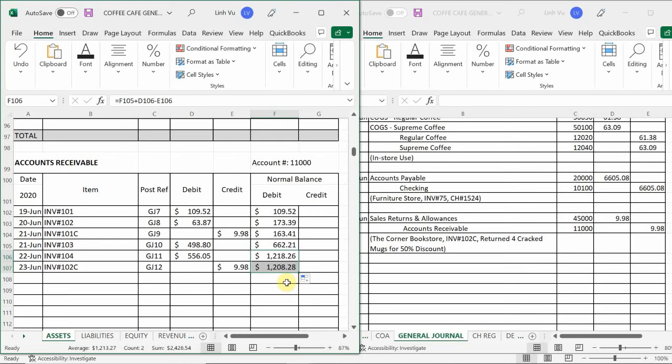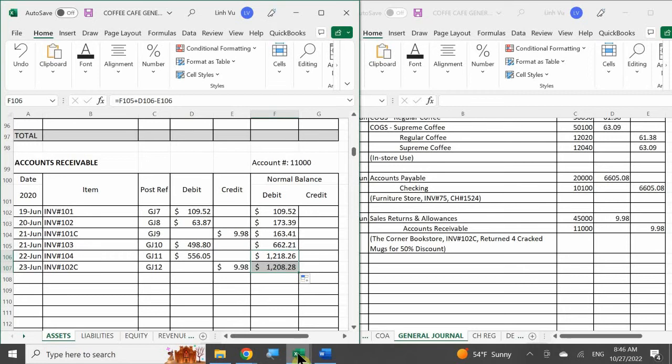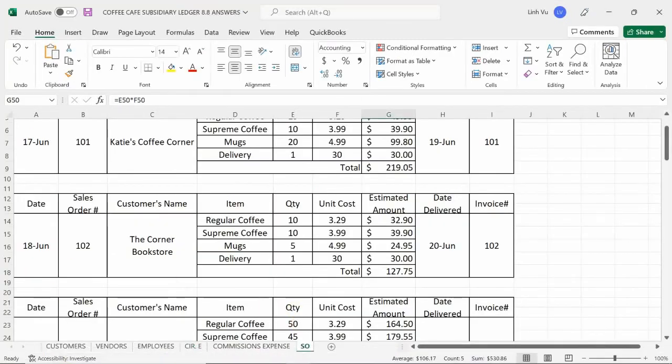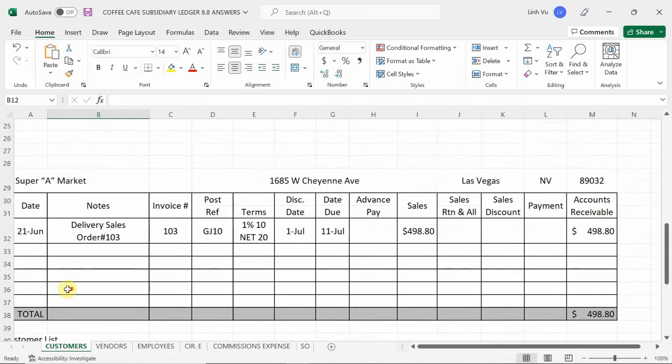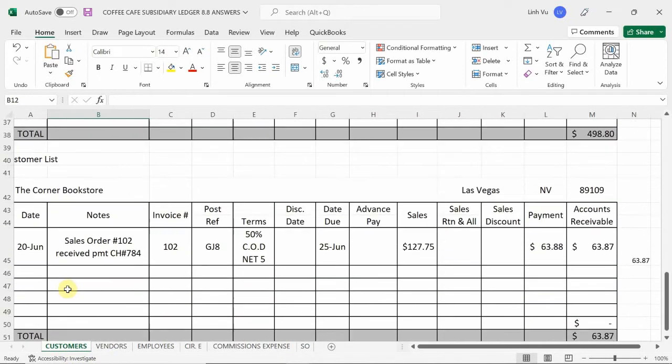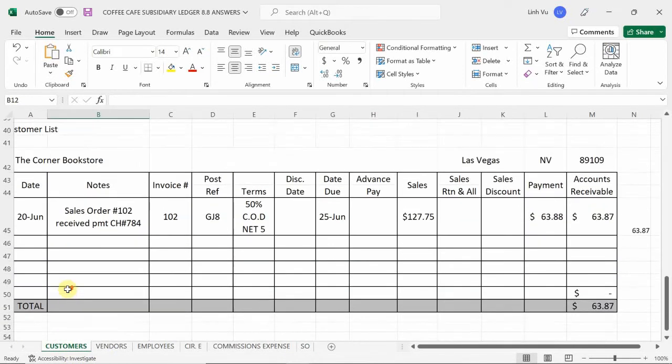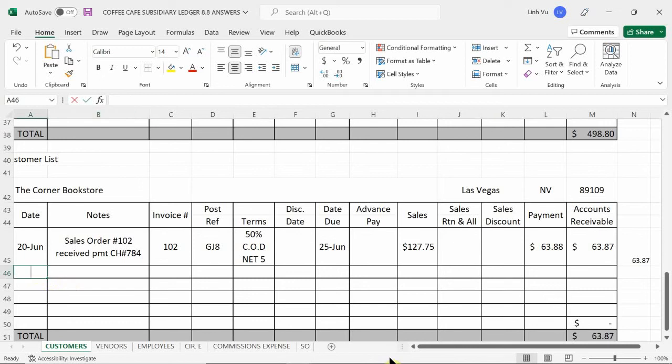Ledger. We just did the ledger. Okay, we go to the subsidiary. Yeah, we need to update Corner Bookstore's account. So Corner Bookstore, which is a customer. Here they are.